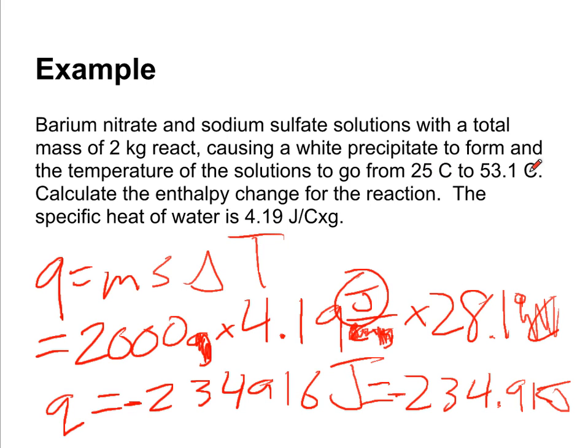If it was endothermic, we would leave the value as a positive, if the system absorbed an amount of energy from the surroundings. But since energy went from the system to the surroundings, that means the system lost it, so it needs to be negative. This is only a positive number when the system is gaining that energy, like in an endothermic reaction.